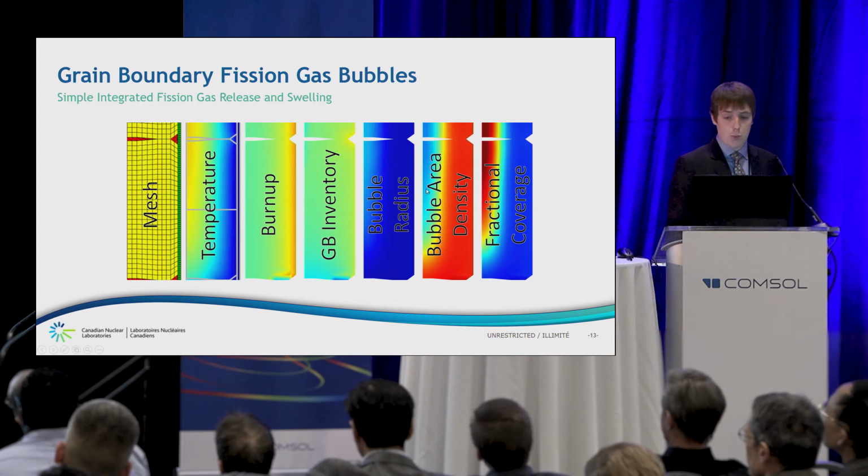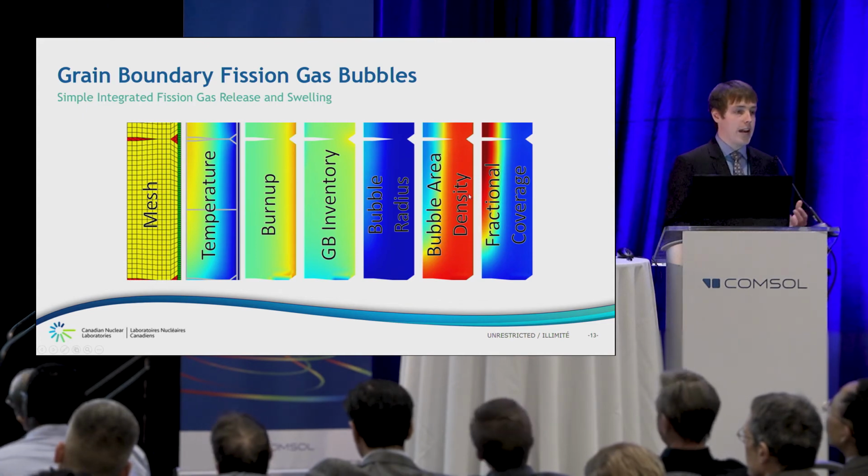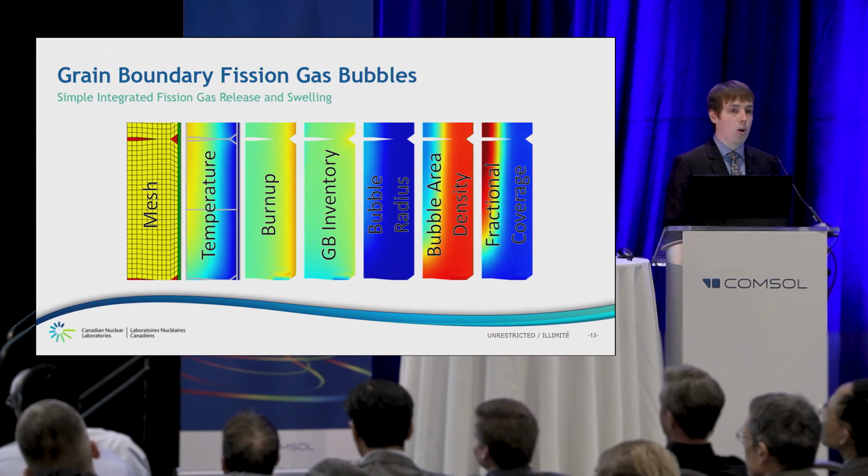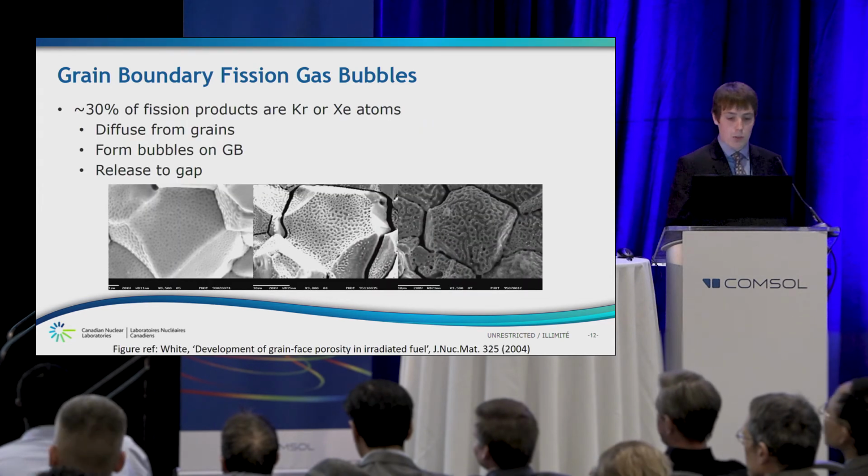And if you take these two properties and multiply them together, you get what fraction of the grains are covered. But there's some issues with this. It doesn't actually model the details we saw in the previous picture. Some of the grains are large, some of the bubbles are very large, and some of them are very small.